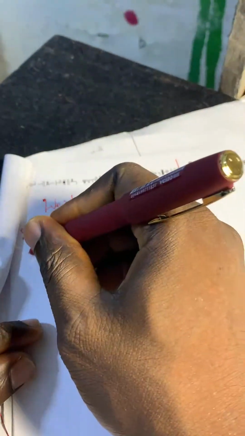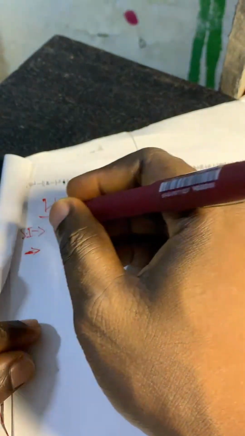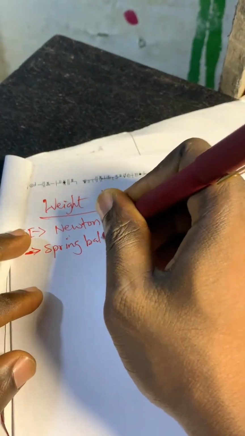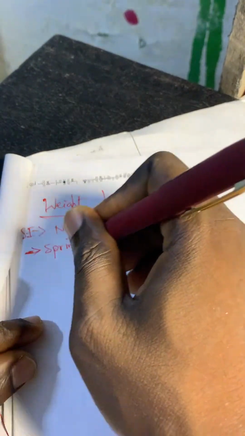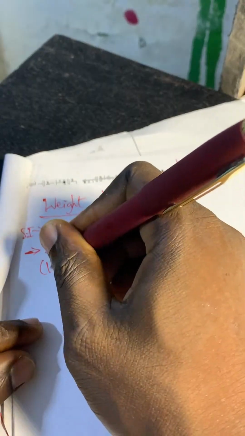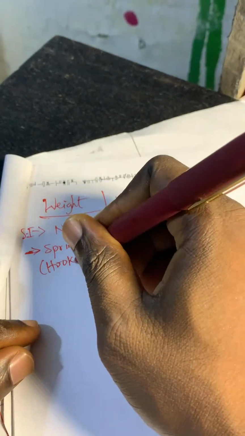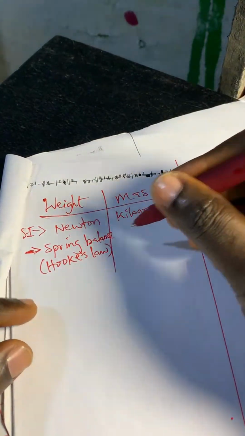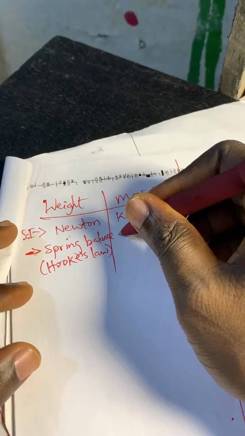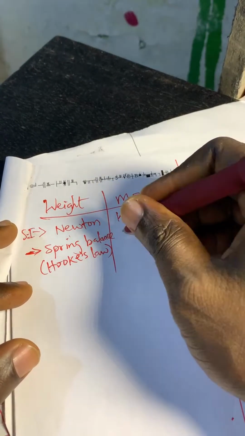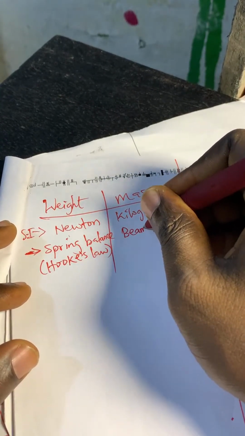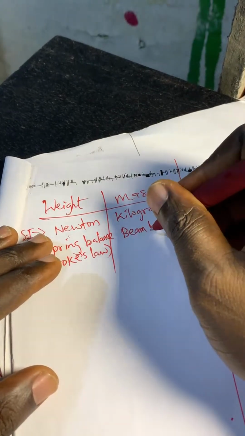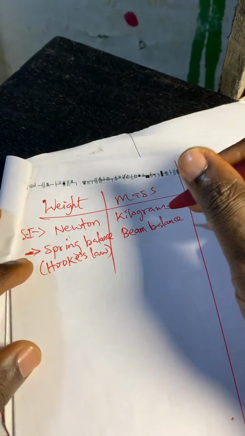Weight can be measured using a spring balance, which operates on Hooke's law, provided the elastic limit is not exceeded: force is proportional to the extension produced. For mass, we use a beam balance, which can be a chemical balance or a physical balance.